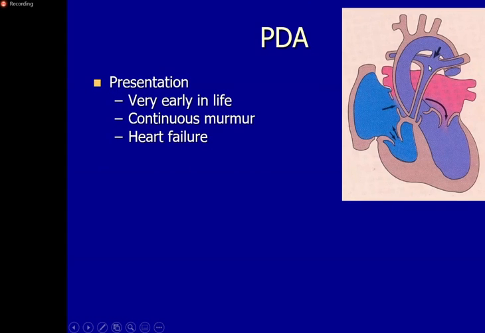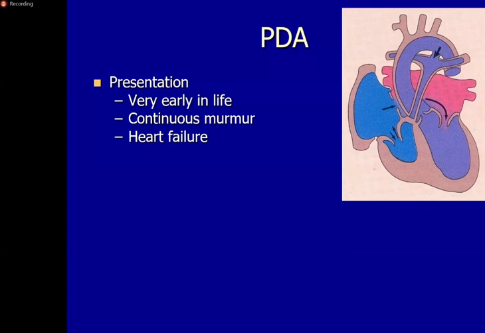As in a VSD, similar things that happen in a VSD, or to some extent in an ASD, could also happen here, because there will be blood continuously moving into the pulmonary artery. But of course it is happening at a different level, so the second heart sound will not get affected. But you know, the pressure in the aorta, whether in systole or diastole, is always higher than the pulmonary artery pressure.